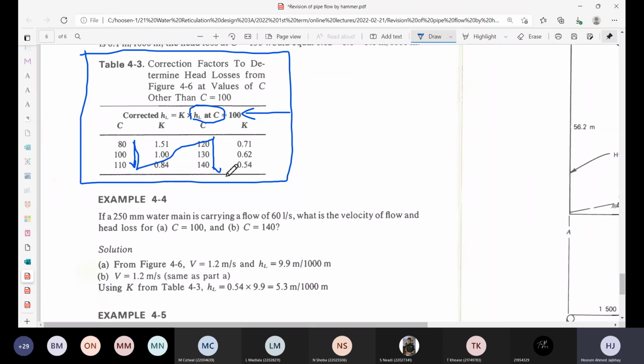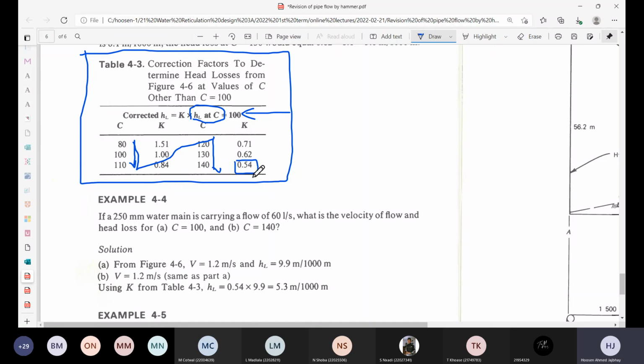So if we had a C value of 140, then whatever value for HL that we read off from that graph, I had read off a value of 6.5, so I'll multiply it by 0.54. So it means roughly around 3.2 or 3.3, somewhere around there.